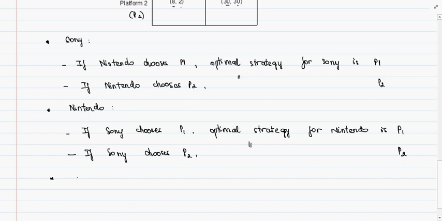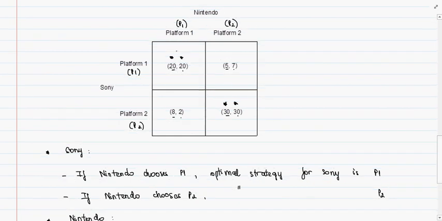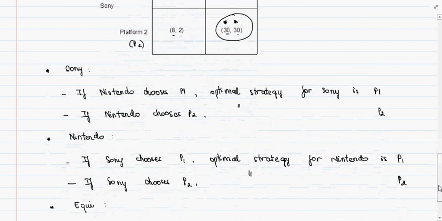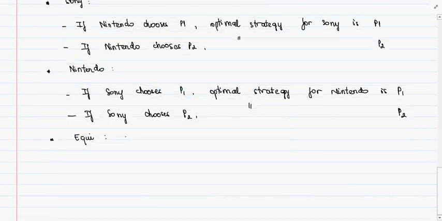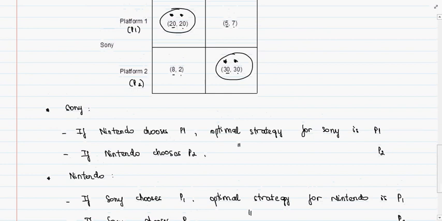Therefore, the equilibrium or equilibria. As we know, an equilibrium is a cell that includes two stars. So this and this are the equilibria. The equilibria are for the two firms to choose platform 1 together, or for the two firms to choose platform 2. If one chooses platform 1, the other is going to choose platform 1.